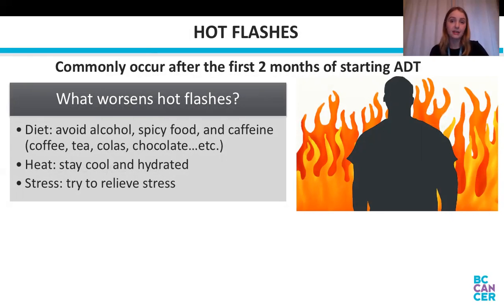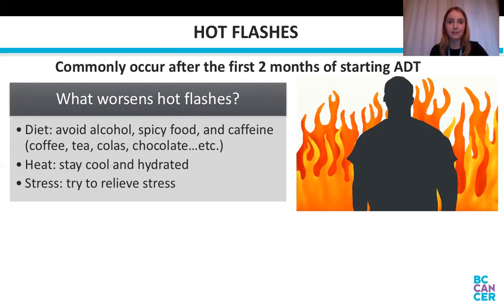So they do range from individual to individual. Some are not affected at all, and others are very much to the point where they will avoid going out in public or socializing.